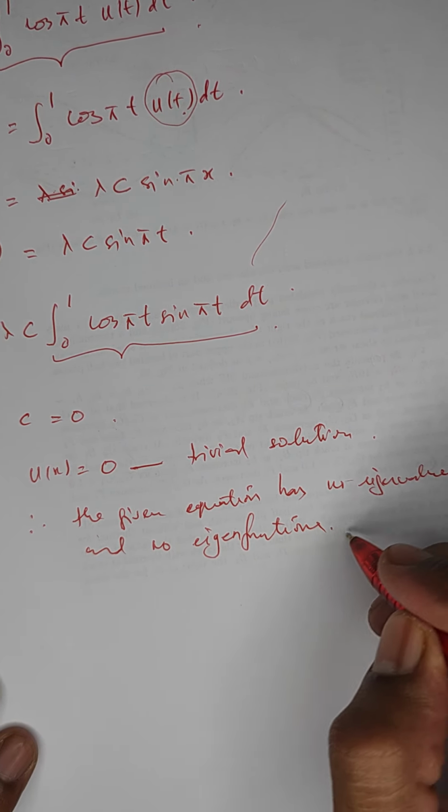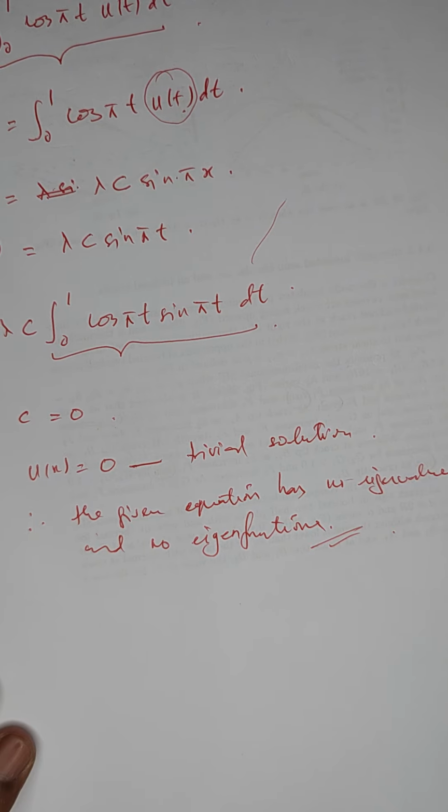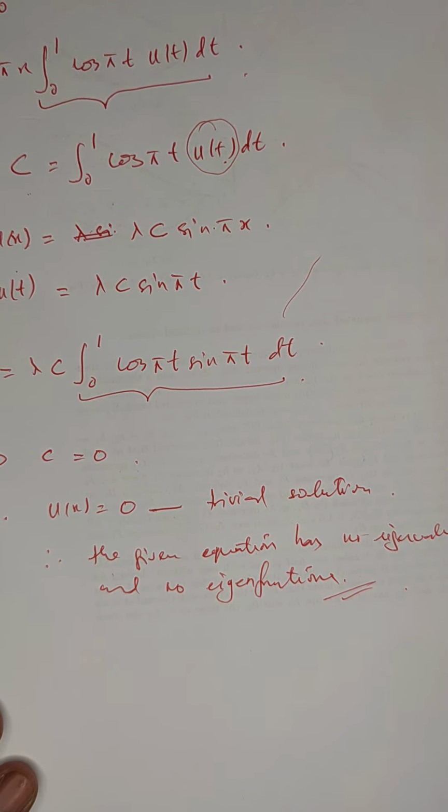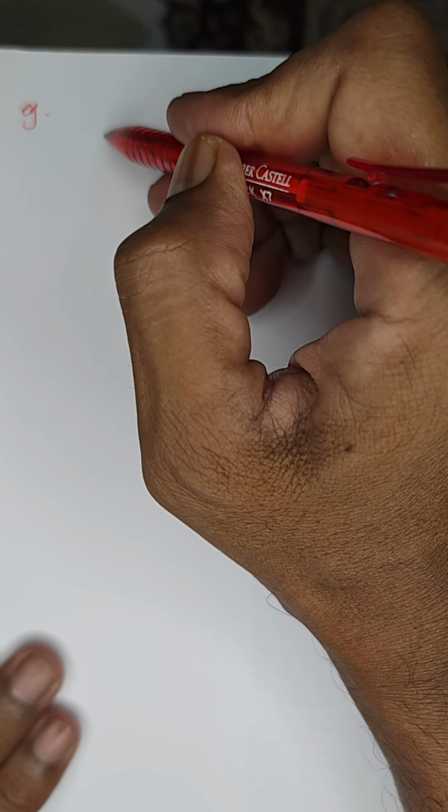Okay, so that's the first example. Now let me give you another example. So this example with the eigenvalue. Okay, we can find the eigenvalue. So again, we want to find the eigenvalue and eigenfunction for this integral.